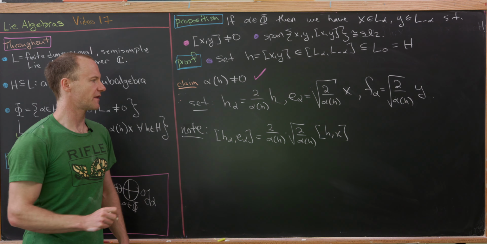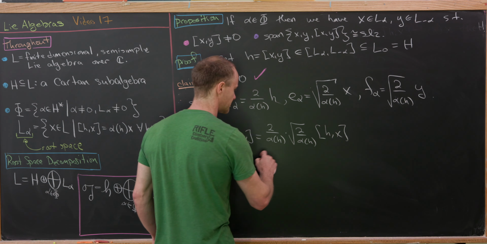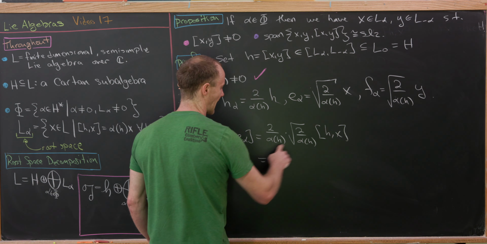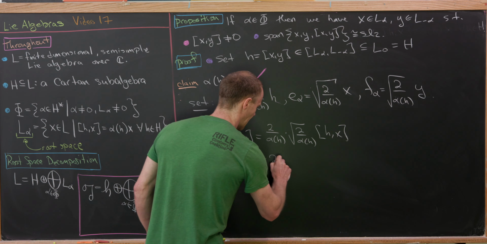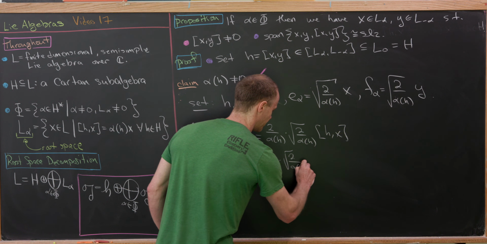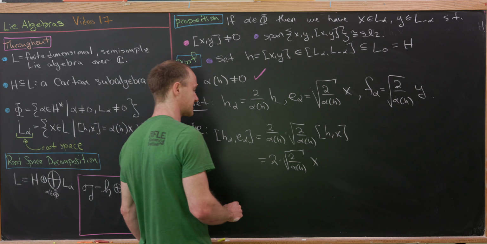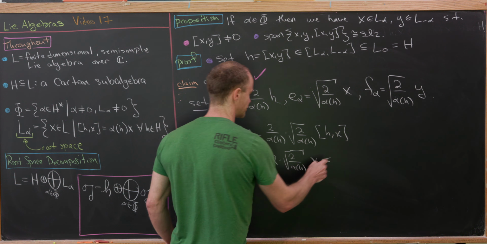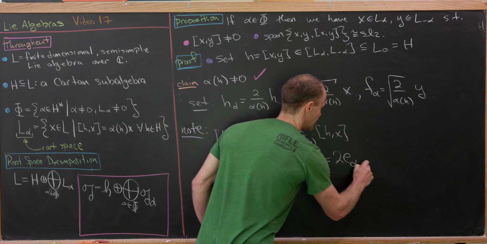But then let's recall that the bracket of h with x was equal to alpha of h times x. Well, the alpha of h will cancel, and we'll be left with 2 times the square root of 2 over alpha of h times x. But then that constant times x is equal to E alpha, so we have 2 E alpha.